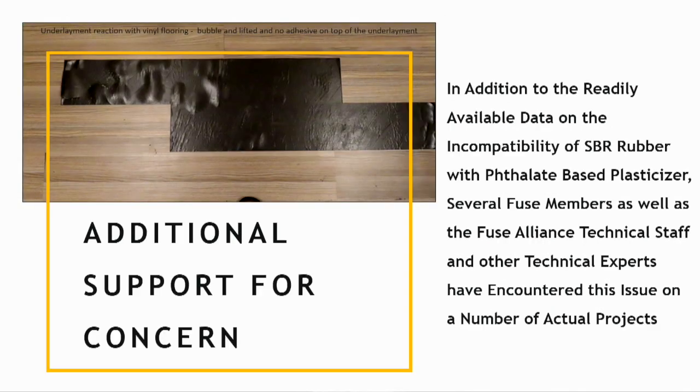Now, additionally, we mentioned this already. George and I and Lou have all got quite a few of these things that are out there, end users, and some involve user alliance members. These things blow up on you, and again, it's not just a matter of getting an extra roll of the underlayment or an extra pail of adhesive somewhere. You have a situation where you at the very least have lost the installation, and you've lost the underlayment product. You have to do something different.